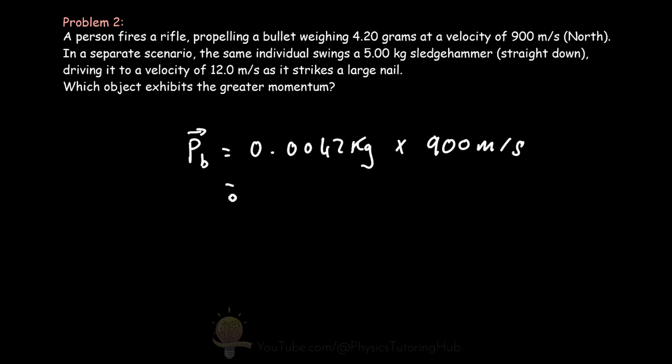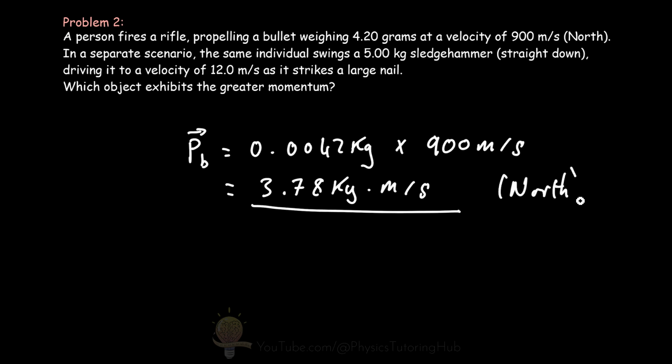And we get a value of 3.78 kilograms meters per second. So do you think this momentum for the bullet moving north has higher momentum, the same amount of momentum, or lower momentum than the sledgehammer here?